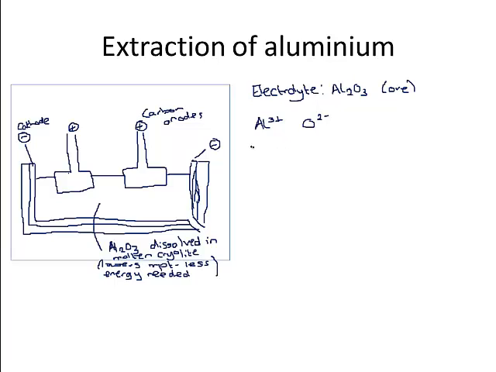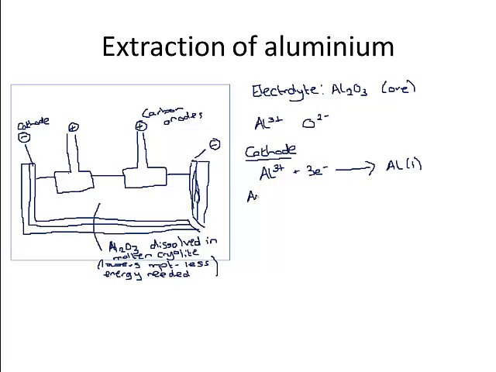So the equation at the cathode, Al3+ goes to the cathode, picks up 3 electrons to make aluminium. Because everything's molten, this is going to come off as a liquid.